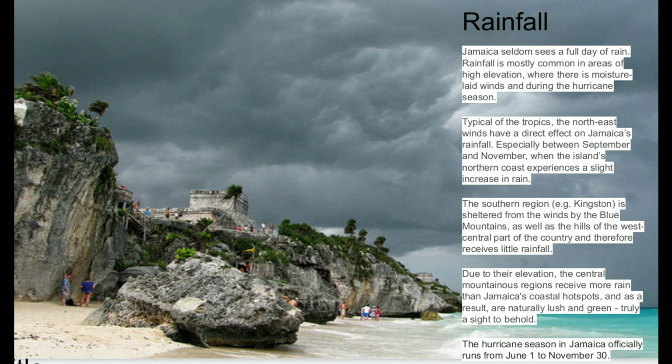So as I said, the higher the elevation, the more chances of rainfall. And as a result of this rainfall, the area is very green and naturally lush and beautiful. There's more rainfall there versus on the coast.